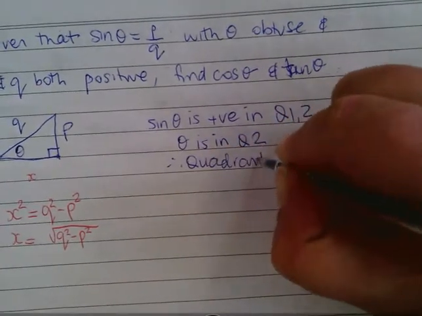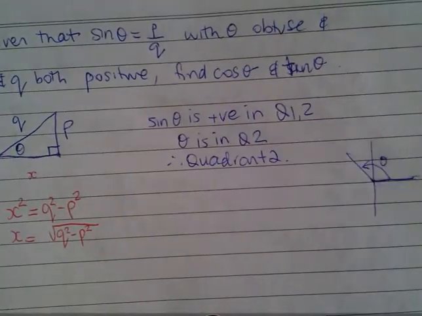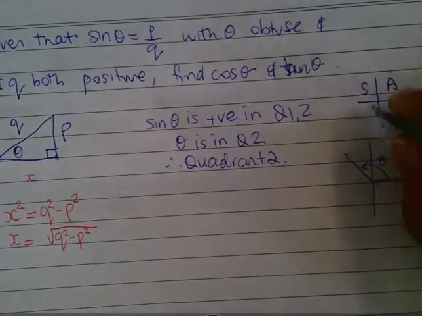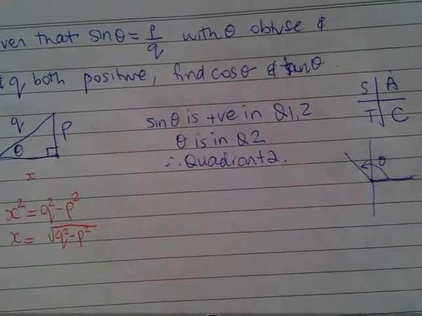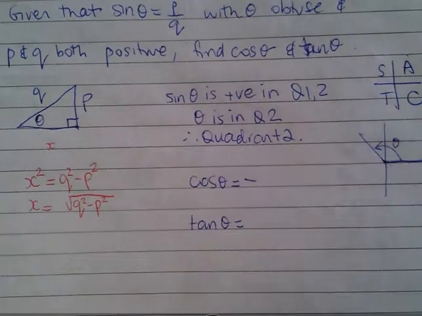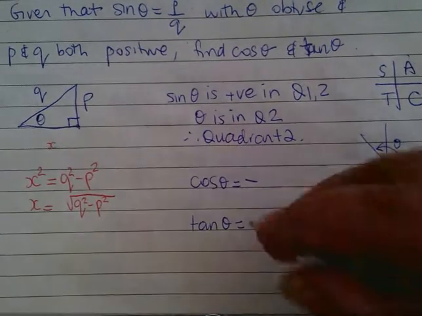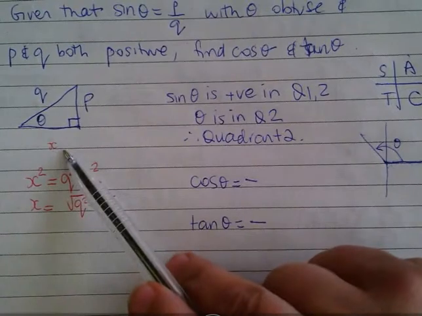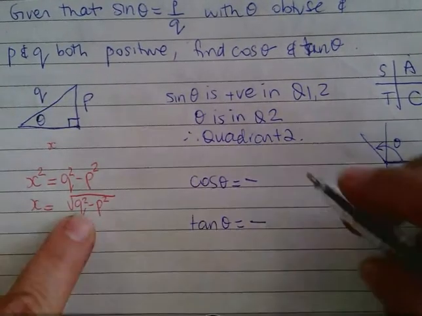So now you have to answer your question. Find cos theta and tan theta. All stations to central. Negative. What about tan in quadrant 2? So they're both negative. And now what's cos? Adjacent over hypotenuse.